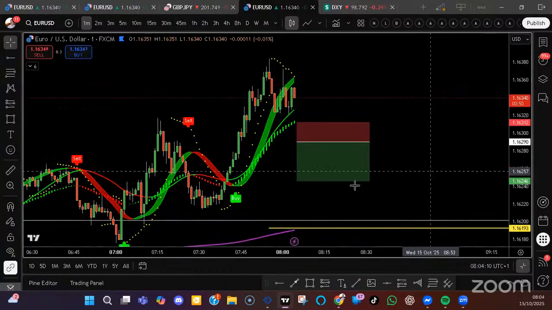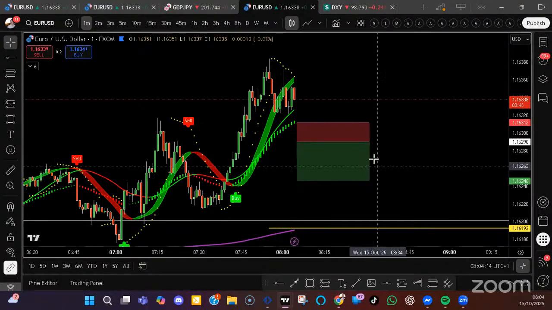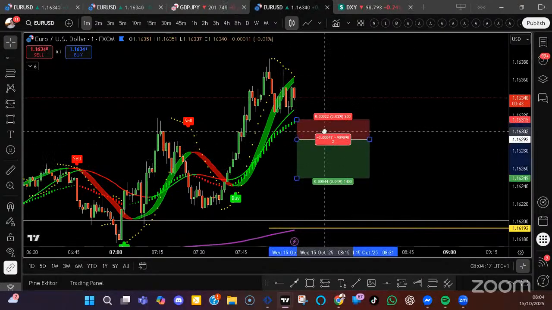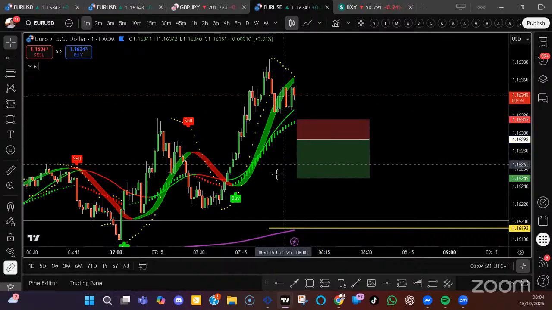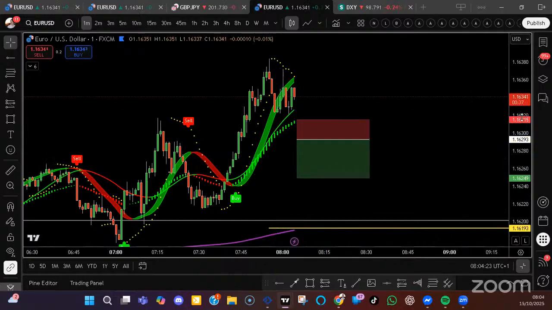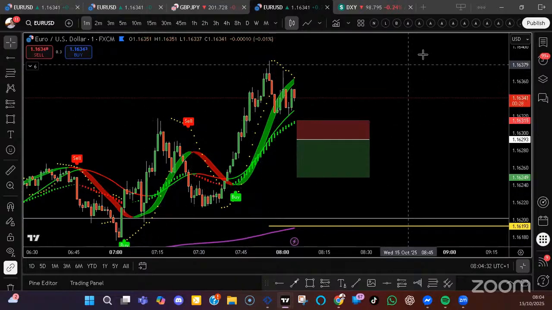It may or may not work. In fact, we've got a 60%, 65% chance of it working, which is still good odds, but not as much as if we were to have a buy, because the general bias is creating higher highs all the time at the moment.